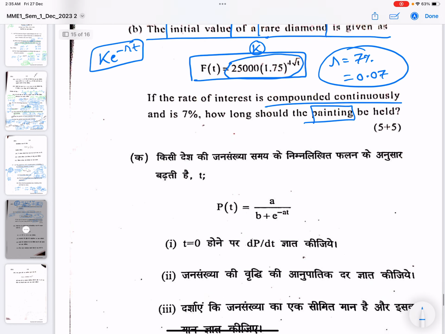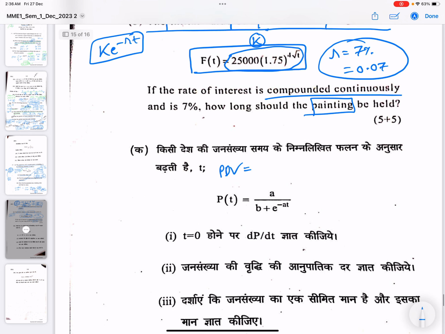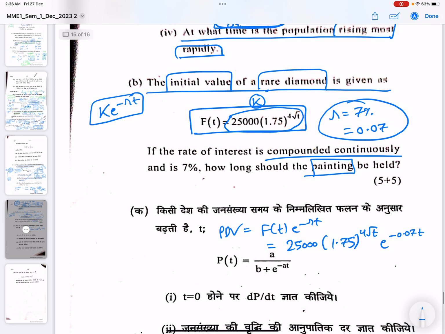So the present discounted value would be f(t) into e to the power minus rt, which is 25,000 into 1.75 to the power 4√t, into e to the power minus 0.07t. So this is the present discounted value of the rare diamond.